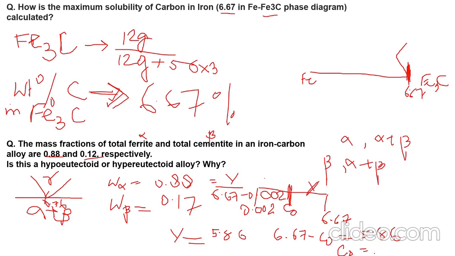It is around 0.8. Okay. So if it is 0.8, it is greater than 0.76. So it is a hypereutectoid.